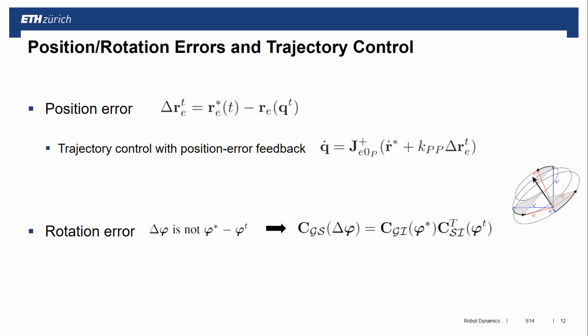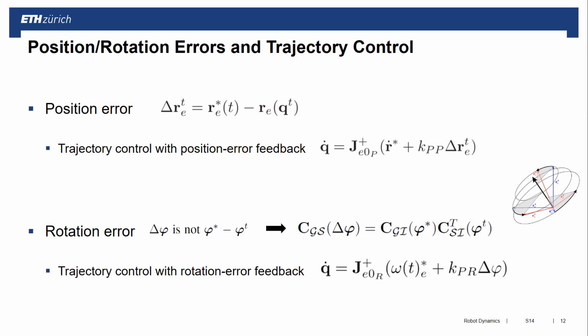So the delta phi, essentially, the rotation matrix of it is given by this difference in rotation. And then when we did trajectory control with it, we again had desired omega plus this KP term, and we did the mapping from task space to joint space.